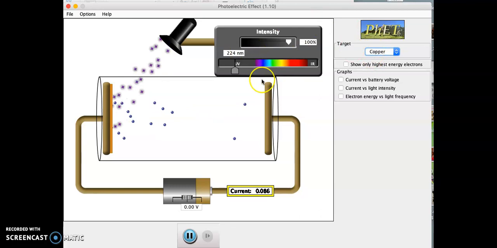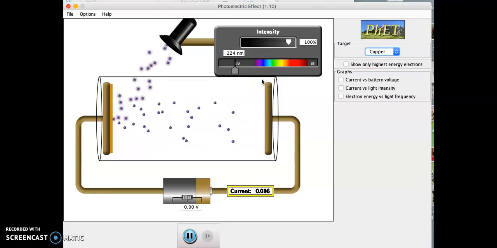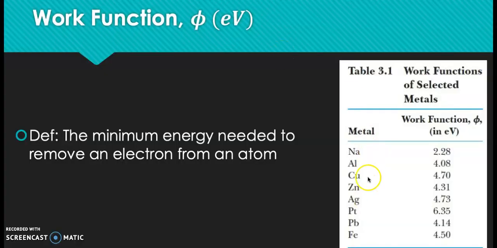So copper and sodium must be different in some way, and we call that way the work function. The different types of metals have different work functions. They require different amounts of energy to remove an electron from an atom. So sodium only needed green light. Each green photon had at least 2.28 electron volts of energy.